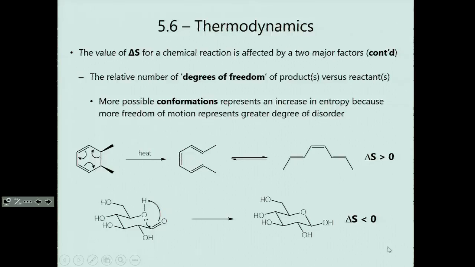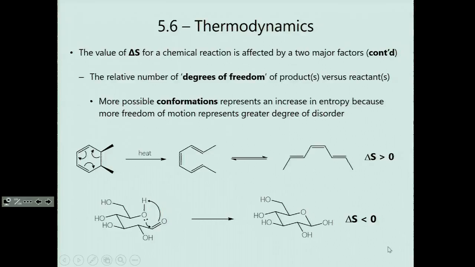So we're talking about possible conformations, meaning relative three-dimensional arrangements through bond rotation. Whenever that increases, if a structure is initially constrained, it forms some kind of a ring structure, and then that ring opens up and the atoms now can move and rotate around and have more freedom of motion. That comes with an increase in entropy.